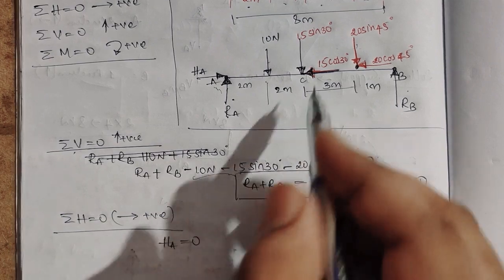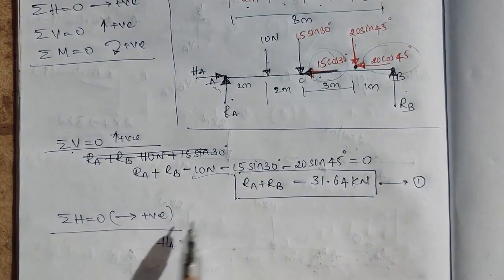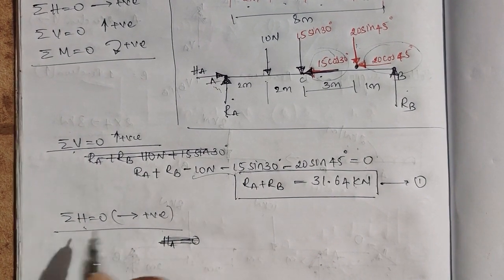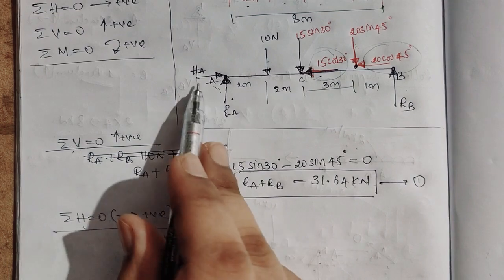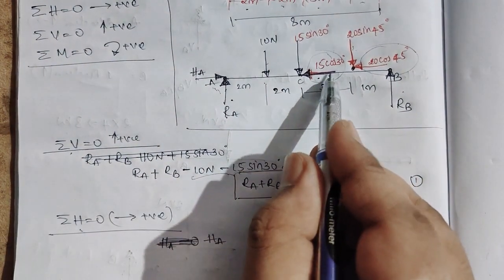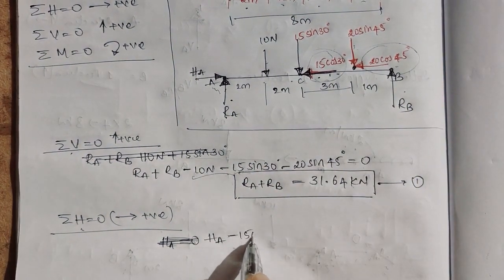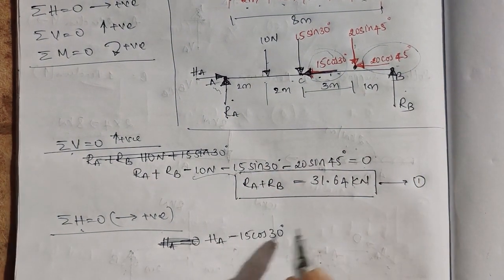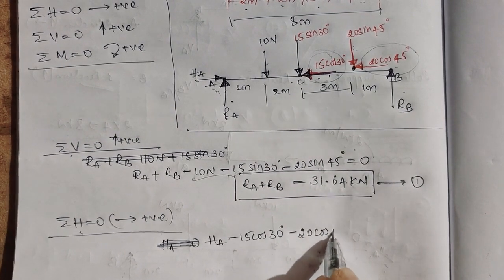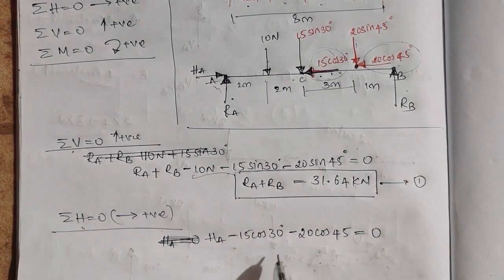Okay, then sorry, here other horizontal forces are there. See here, what will happen? Summation of horizontal force equal to 0. So left to right is positive, right? HA is here, right to left, here also right to left, minus 15 cos 30 minus 20 cos 45 is equal to 0.